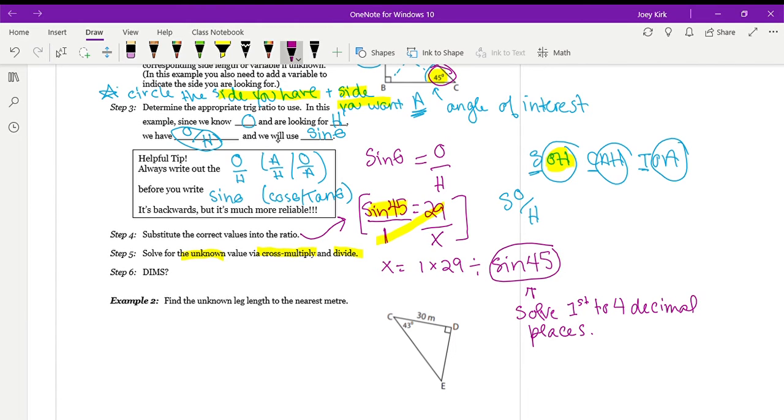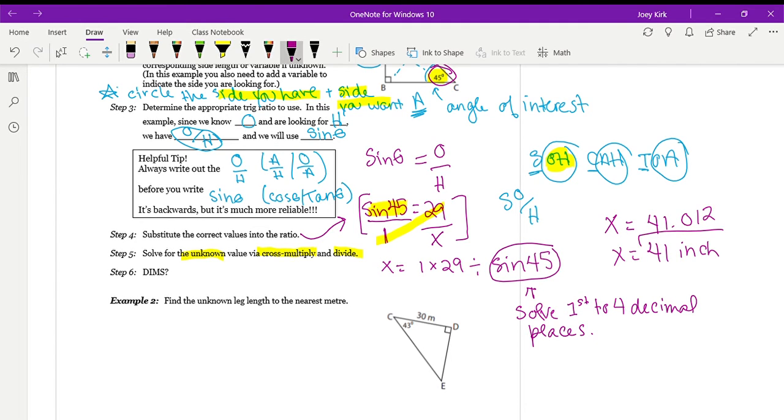So solve that first to 4 decimal places, and then you can plug it into your calculator. If we solve this, we're going to get x is equal to 41.012, but we can round that to the nearest inch, so 41 inches.